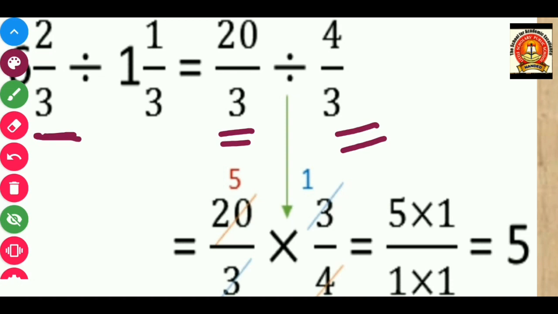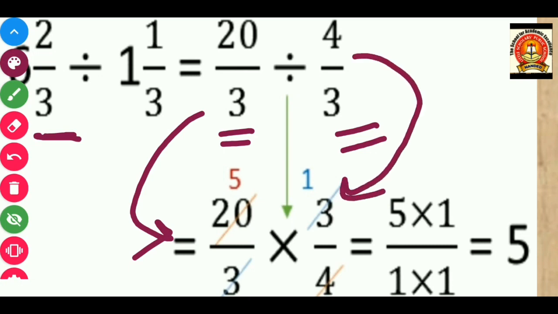Now you can write 20 by 3, the first fraction, as it is, division turns into multiplication, and 4 by 3 we need to flip to 3 by 4, and then here only you can cut. 4 1s are 4, 5s are, 3 1s are, and just left 5 1s are 5 and 1 1s are 1. 5 upon 1 means only 5.